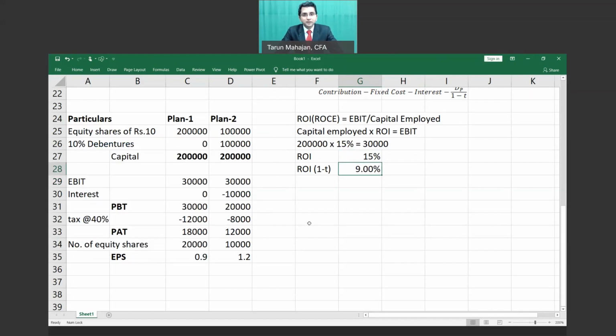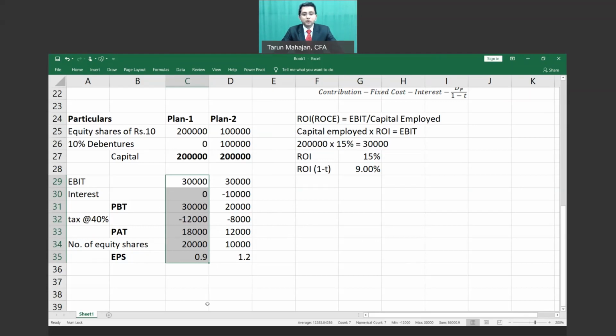My ROI is 15%. In the first plan, there is no advantage of tax benefit on interest. So I earn 15% and pay 40% tax, so I am left with 60% of it. That is, my earning is 9%.